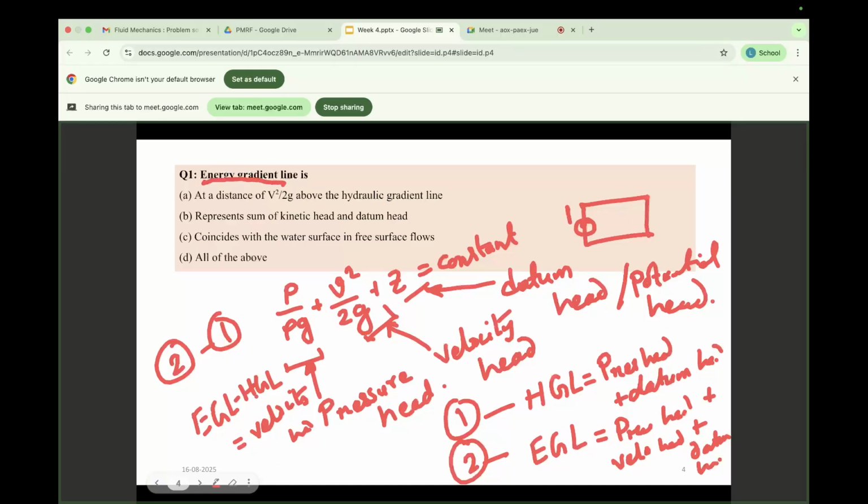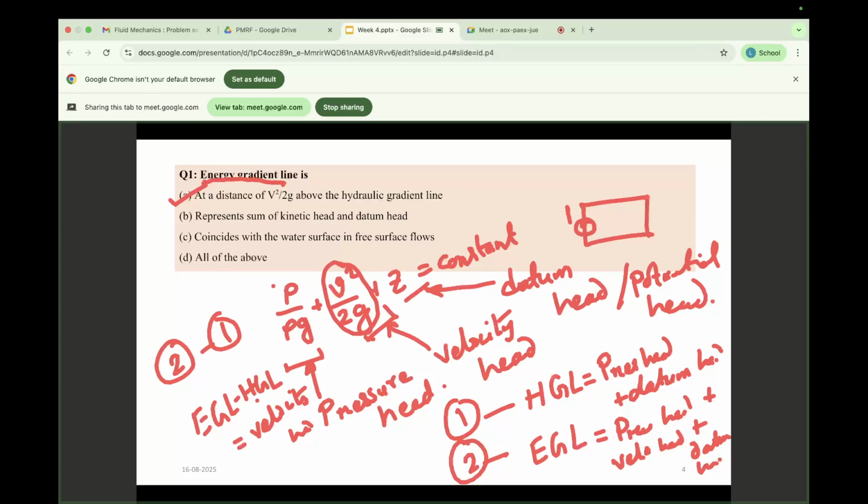So EGL equals HGL plus velocity head. What is velocity head? Velocity head is v square by 2g. That means the energy gradient line should be above the hydraulic gradient line, and at what distance? At v square by 2g. So the correct option is option A.